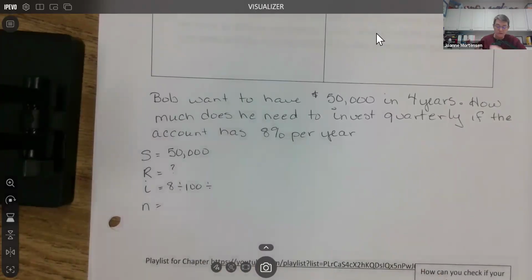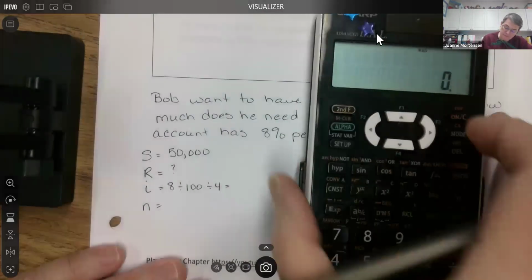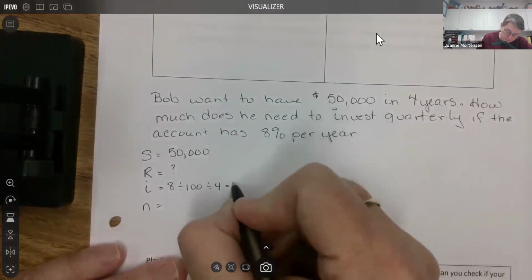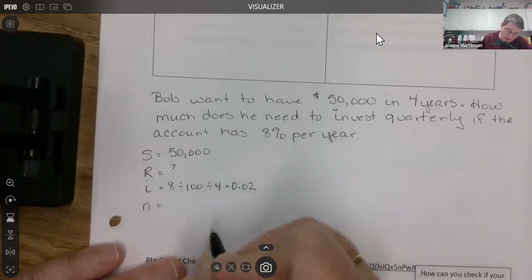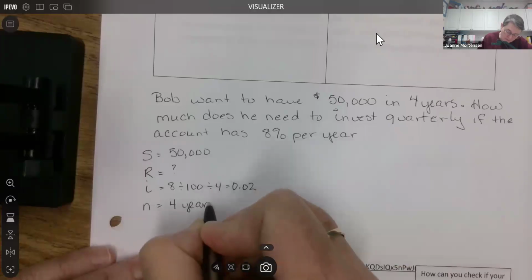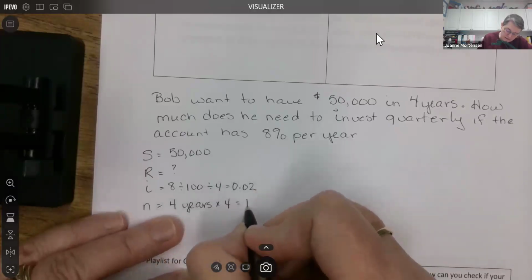Quarterly, so 8 divided by 100 divided by 4, 0.02. And my N, 4 years times 4 is equal to 16.